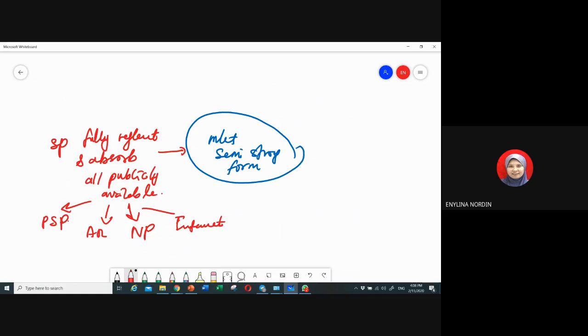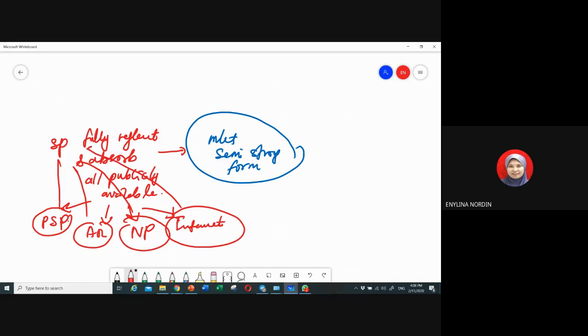So this information is already included in the stock price. That means the stock price already has this information and already takes that information into account.